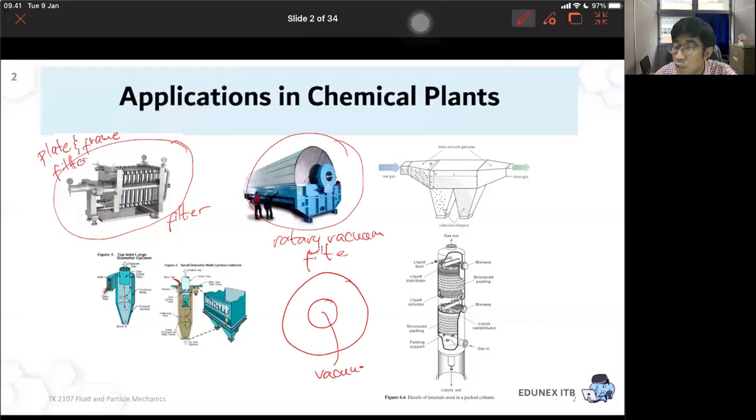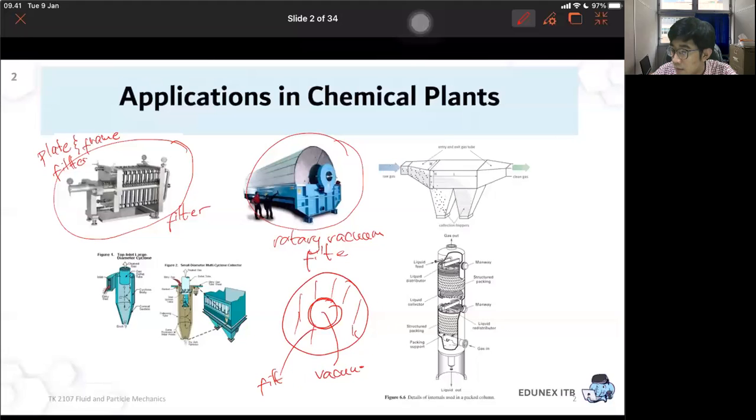The solid you need to separate from the liquid. This is the place where you input the slurry, and then this is the filter.